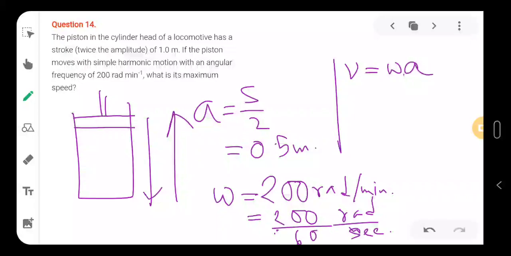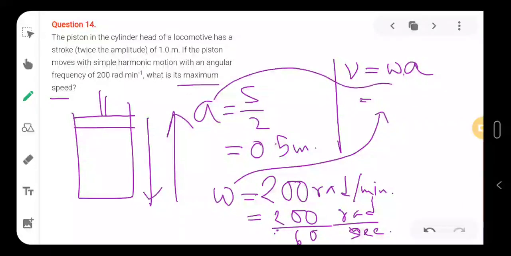That is the maximum speed, right? And it is asked maximum speed only. So in that case, I can directly put the value of omega and put the value of amplitude here in order to find out what will be my maximum speed. So from here easily we can find it out.